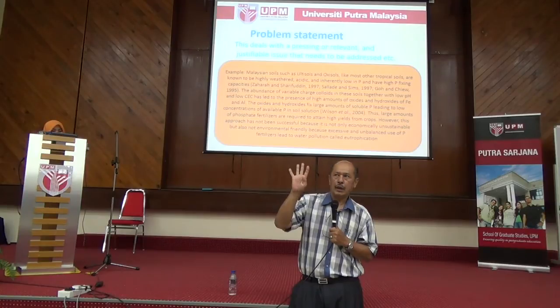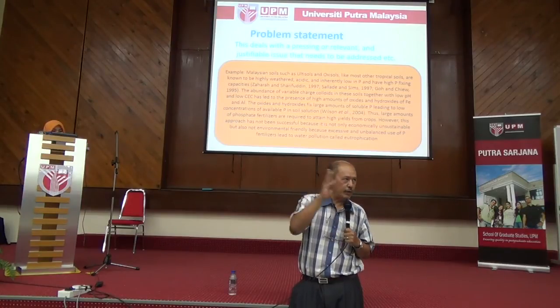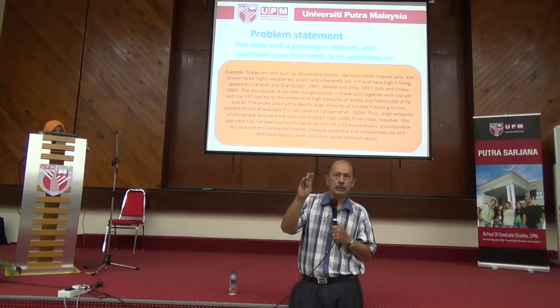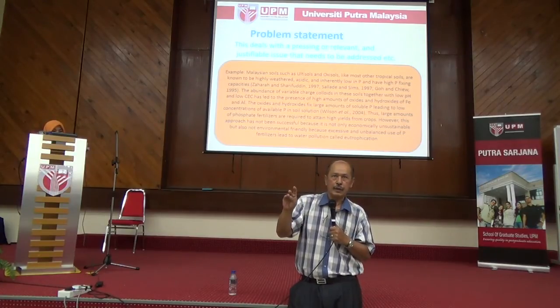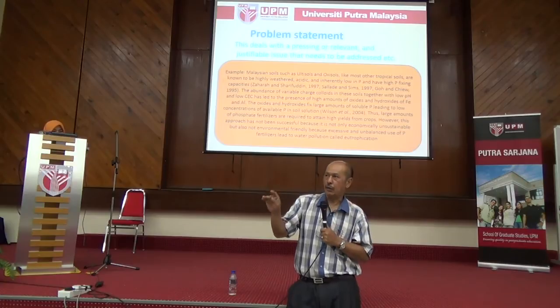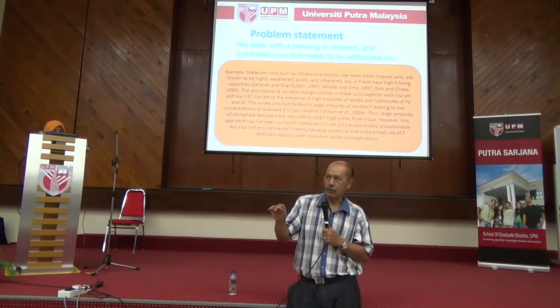Number 1, what is the problem you're trying to solve? The issue. Number 2, why? The objectives. Number 3, how? The method. And number 4, outcome. What is expected out of your research when you complete 4 years, 3 years, 2 years?